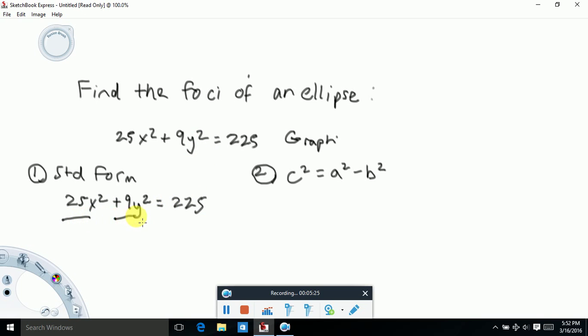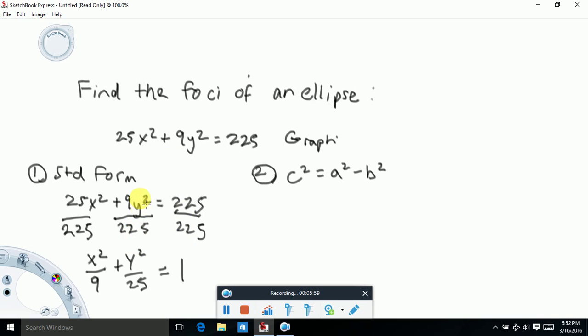We divide both sides by 225. So we're left with 1 on the right hand side. Now we'd have to simplify this fraction. This becomes x squared over 9 plus y squared over 25, and that equals 1.